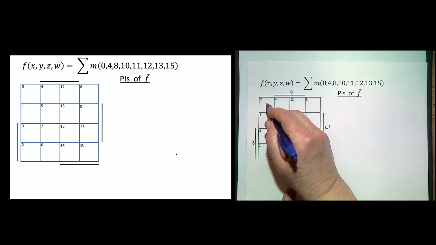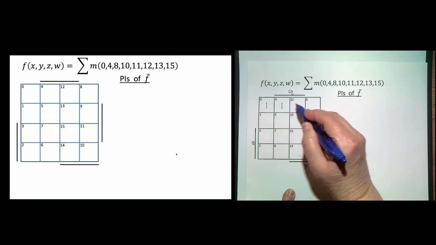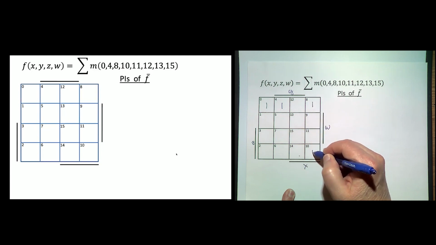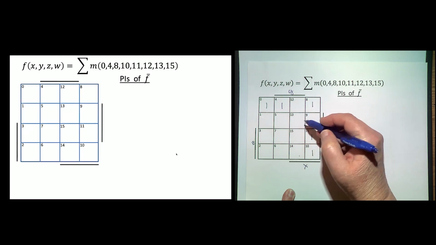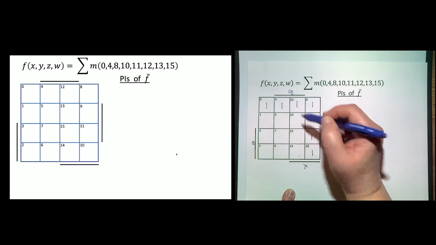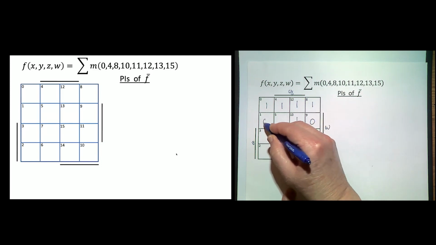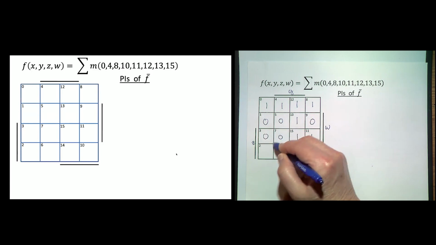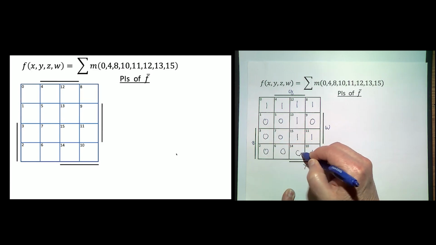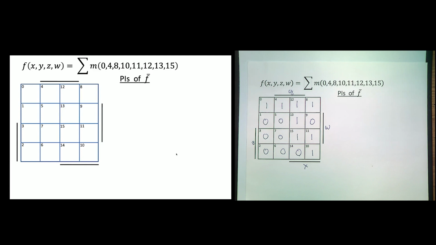So this is 0, 4, 8, 10, 11, 12, 13, and 15. So this is the same K-map that we did before, but now I'm going to circle the zeros.